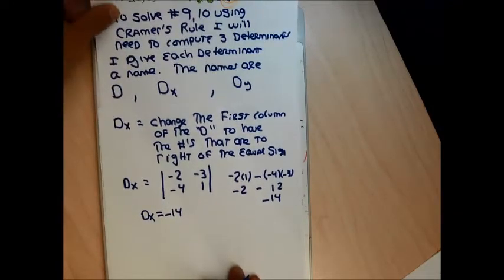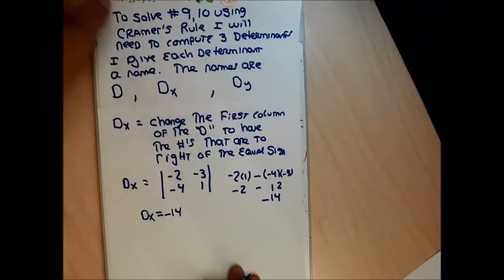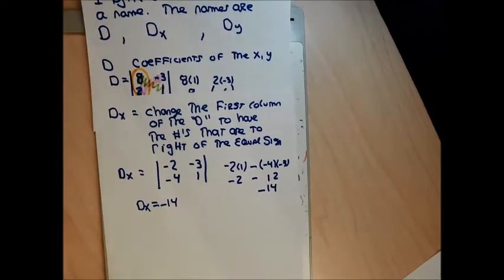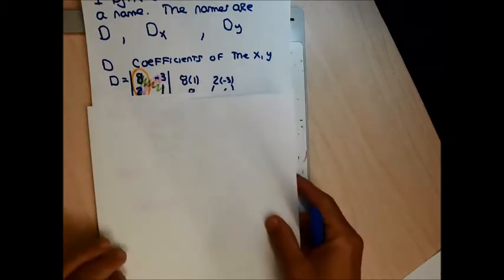The last of the three determinants I need to compute is D sub y. And for the D sub y, you're not even looking at the D sub x anymore. Let me just cover that page up so we don't see it.